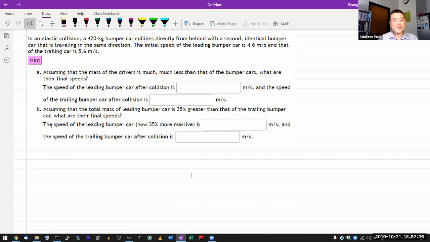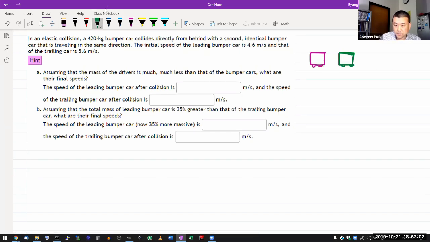So it's describing an elastic collision between two bumper cars. Here's one car, or you can think of them in terms of the carts that you have worked with in the lab. So I have one bumper car and another bumper car, and what the problem is describing is an elastic collision between them.